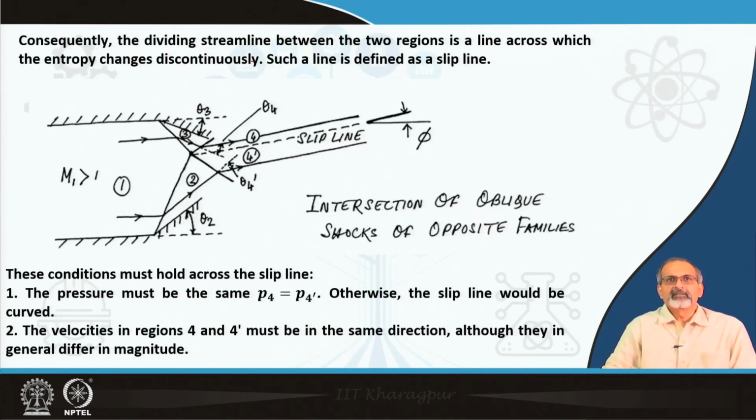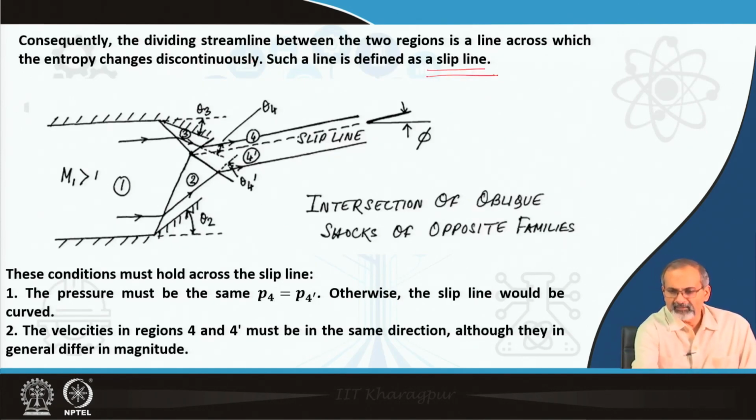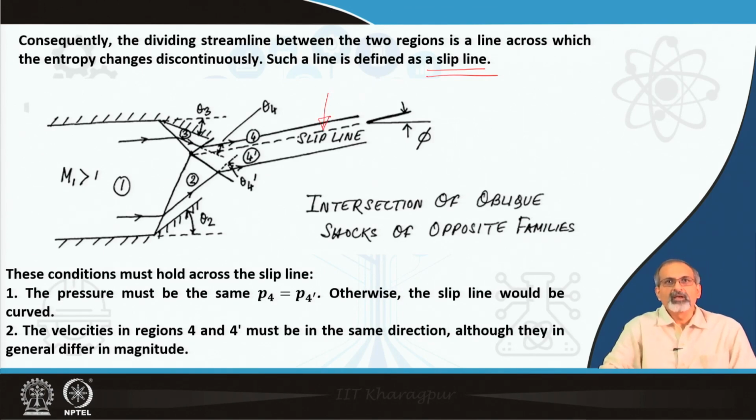There is a dividing streamline between the two regions, which we call the slip line. We can see it better in this view, and there are a few conditions that must hold across the slip line. The pressure must be the same, P4 should be equal to P4 dash, otherwise the slip line would be curved. The velocities in regions 4 and 4 dash must be in the same direction, although they are in general going to be different in magnitude.